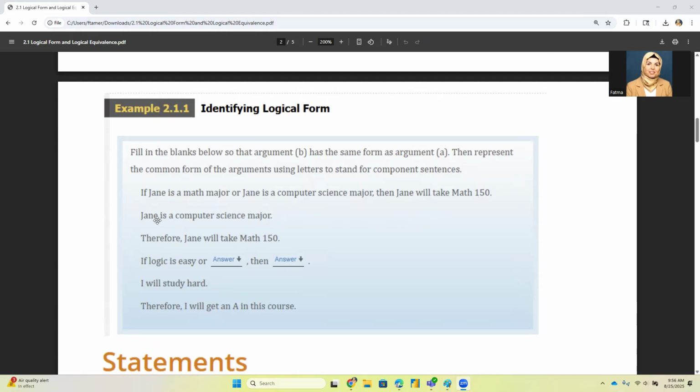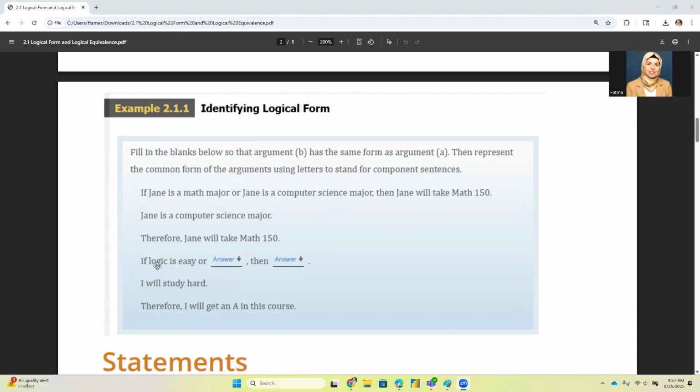Now, when we look at these arguments, the reasons: Jane is a computer science major. Therefore, Jane will take Math 150. So remember the directions. We're going to fill in these two blanks so that this new argument has the exact same form as Jane's argument, and we're going to write it as a compound sentence.